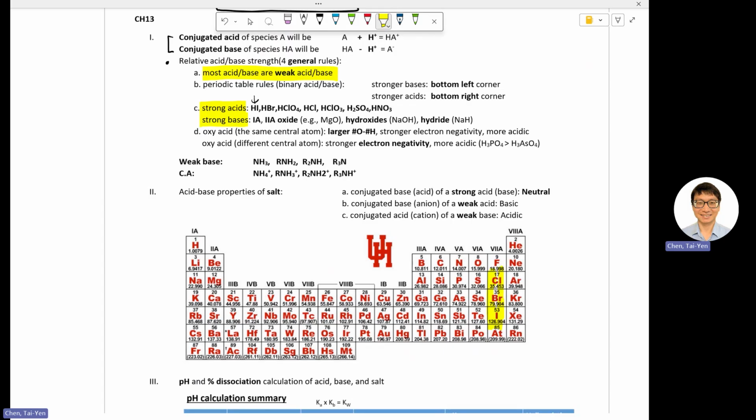Okay, so you can see that if you go to the bottom, it's stronger. So the strongest one is HI, then HBr. And then the next 3 are all related to Cl, right? It's HClO4, then HClO3, then HCl.